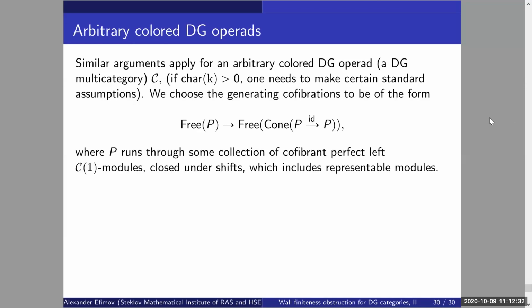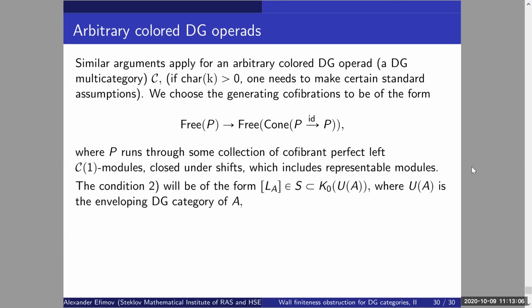Then we have some freedom in choosing the generating cofibrations, but we can choose them to be the map from the free algebra of P to the free algebra of the coequalizer of the identity, P to itself, where P is some collection of cofibrant perfect left modules over this DG category of operations in one argument. We take this collection closed under shifts, and we include all the representable modules. And this is a collection of generating cofibrations.